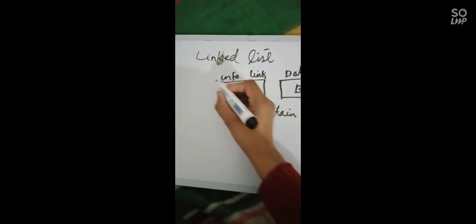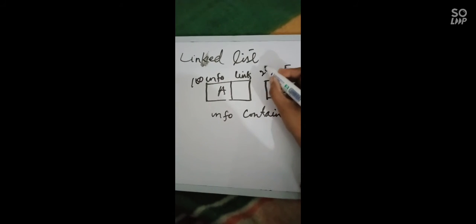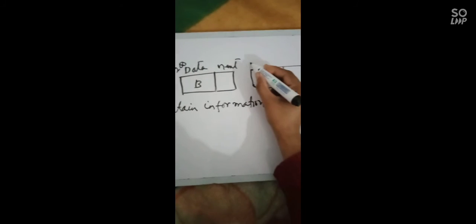And suppose the address of this node in the memory is 100, and suppose the address of this node is 200, and suppose the address of the third node is 300, right?